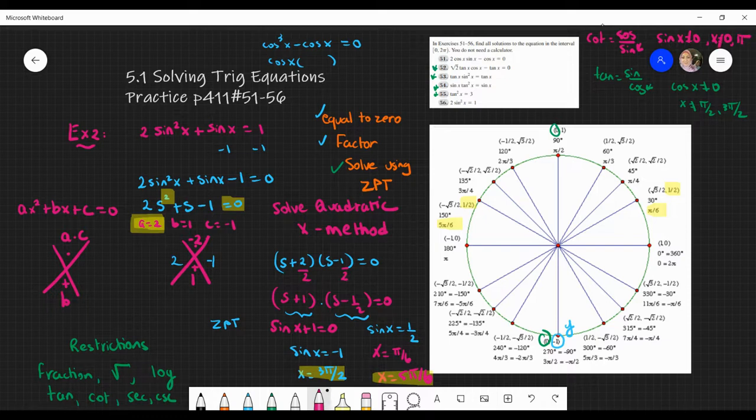So whenever you have an equation that you need to solve, and the equation includes a cotan, you should keep in mind the restricted values are 0 and pi. If you are solving and the problem includes a tangent, the restricted values are pi over 2 and 3 pi over 2.